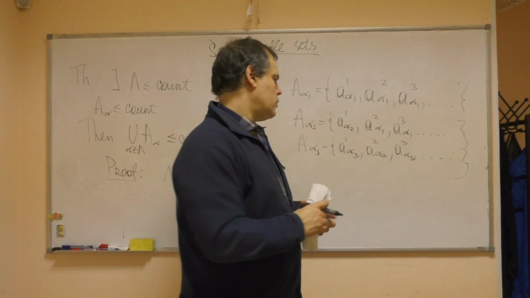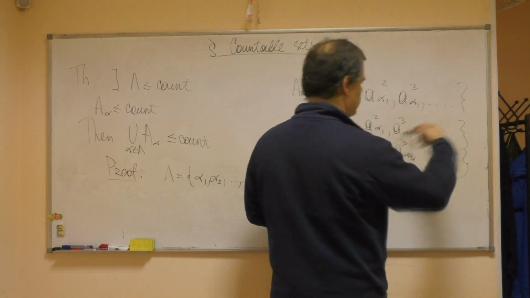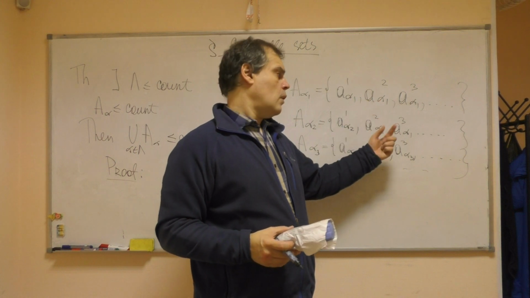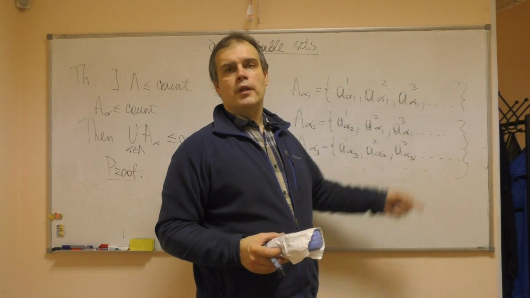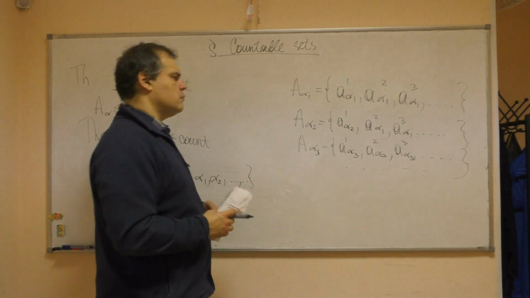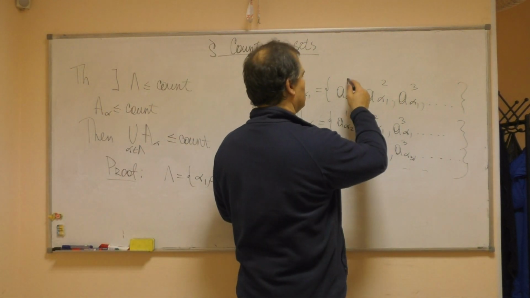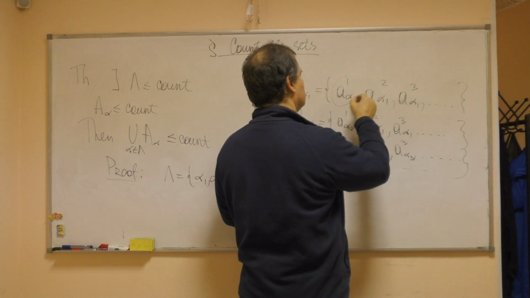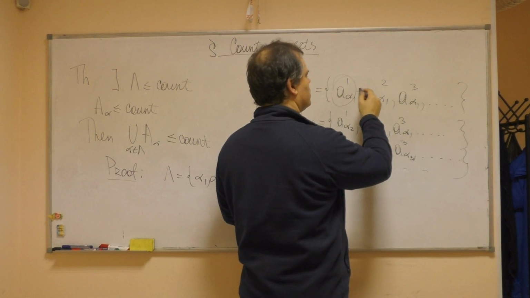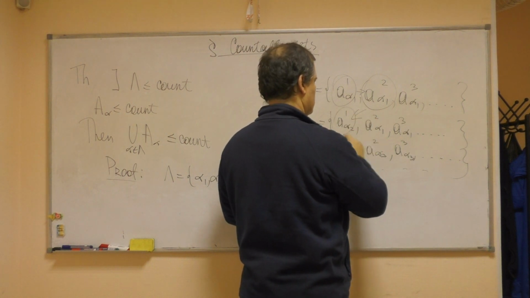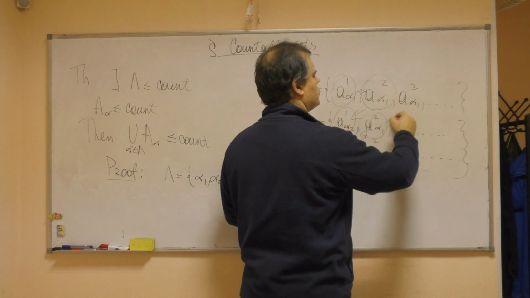In some line, instead of an infinite sequence, we can have a finite number of elements, but it doesn't spoil our algorithm. And let's do the same. First element, second, third, fourth, fifth, and so on.